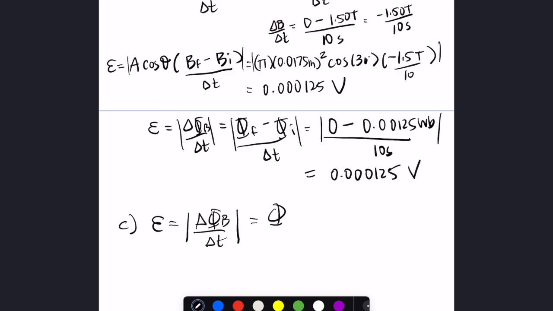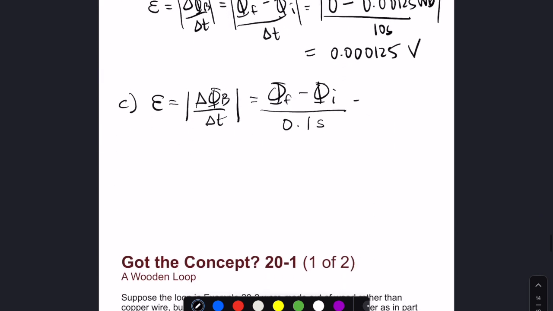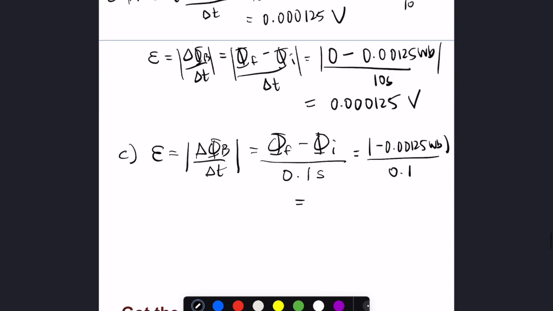So now our initial flux, we already know our final flux is 0. Now we're dividing by 0.1. So we're going to get absolute value negative 0.00125 Webers divided by 0.1. And that's going to move our decimal the other way, to the left.